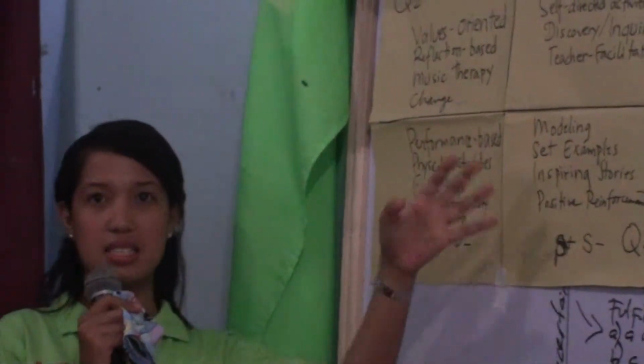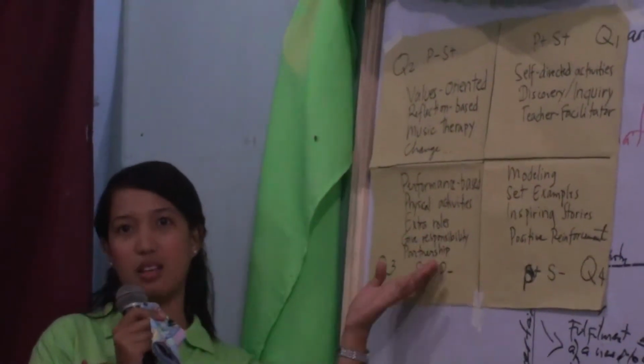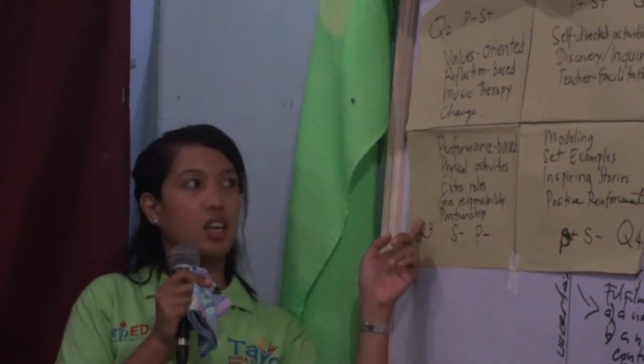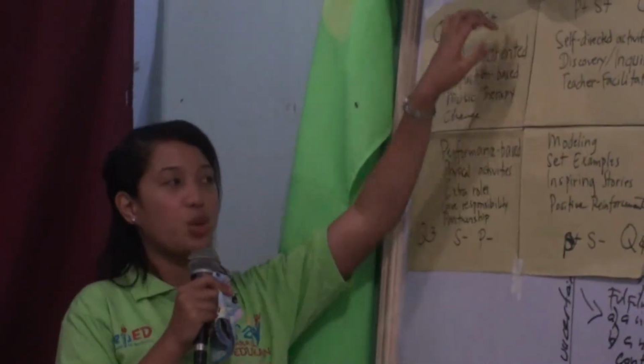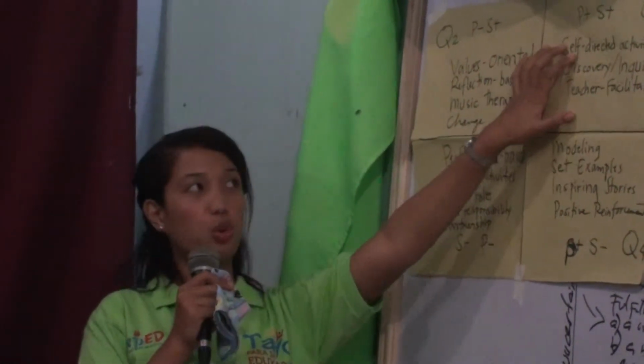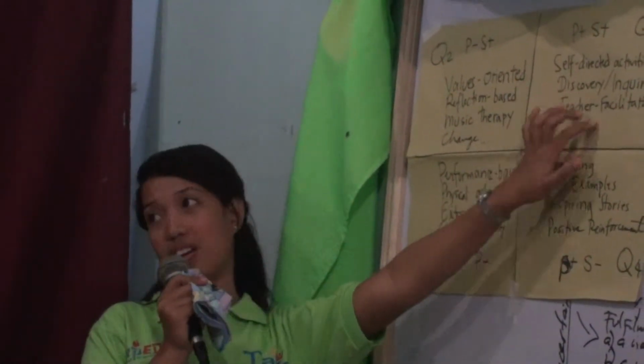So parang peer buddy system ba to, or peer system, something like that. Okay, so this student from the quadrant 1 will serve as the light or the guide for the student in quadrant 3. Okay. Kasi our goal is to transform these students to students in quadrant 1.